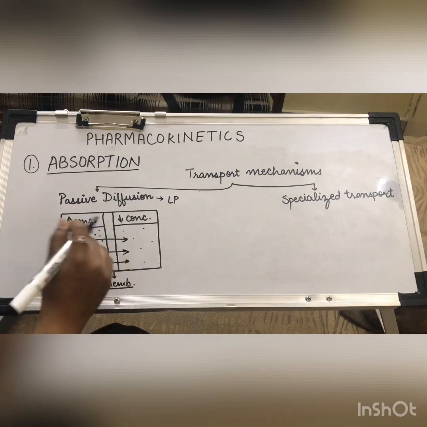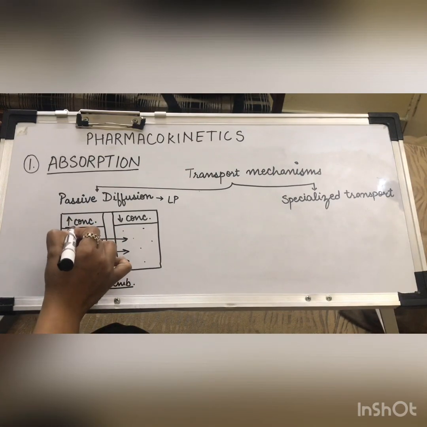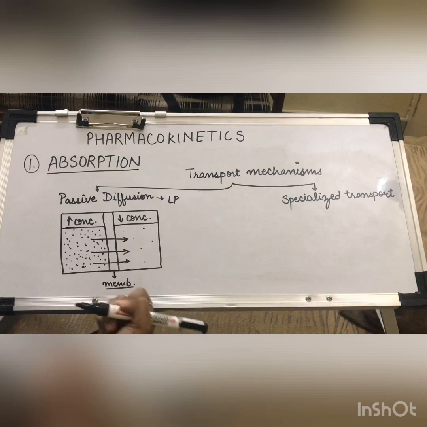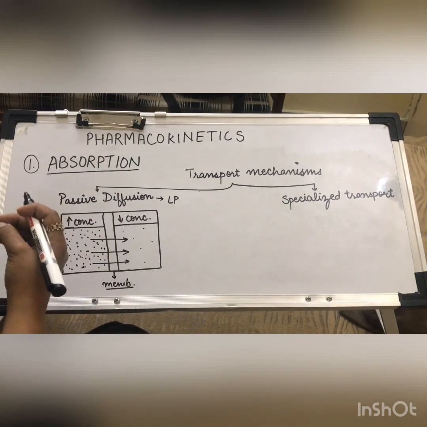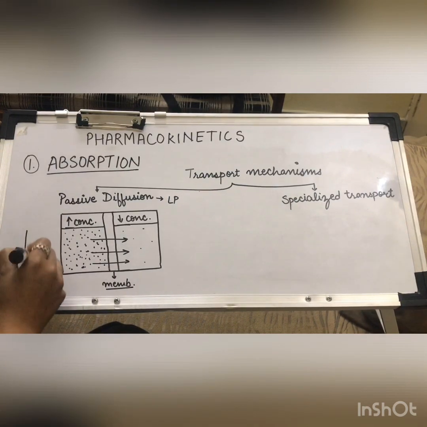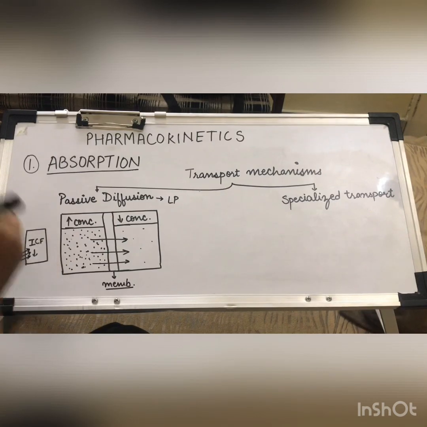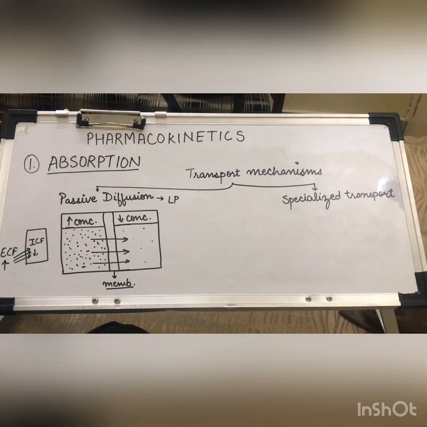That is, the movement of the drug will be from higher concentration to lower concentration. Obviously, when we are giving a drug from outside, the concentration of the drug in the extracellular fluid will be more, and the concentration in the intracellular fluid will be less. So in the direction of the concentration gradient, the drug will passively move towards the intracellular fluid.